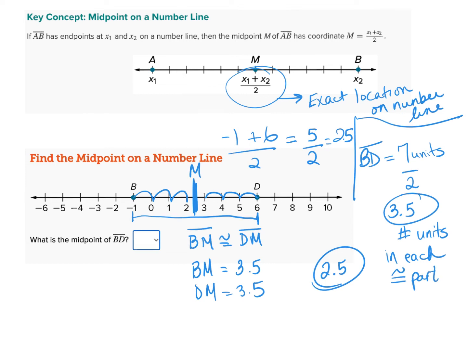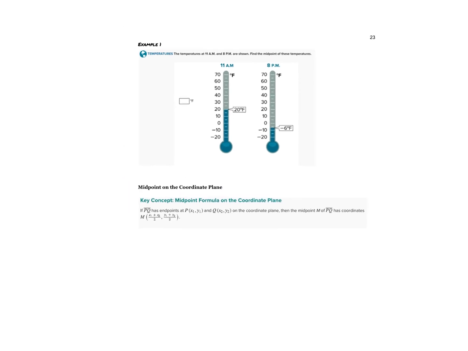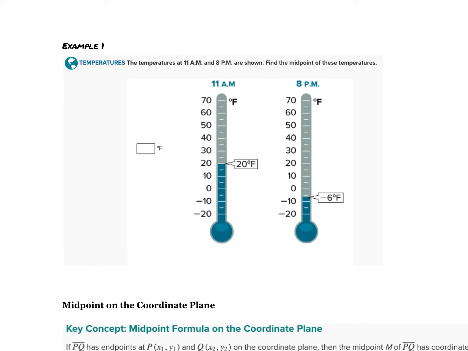Okay, so let's take a look at our example here. Here we have the temperature at 11 a.m. and 8 p.m. are shown. Find the midpoint of these temperatures. So in this case, we're going to do 20 plus negative 6 divided by 2.